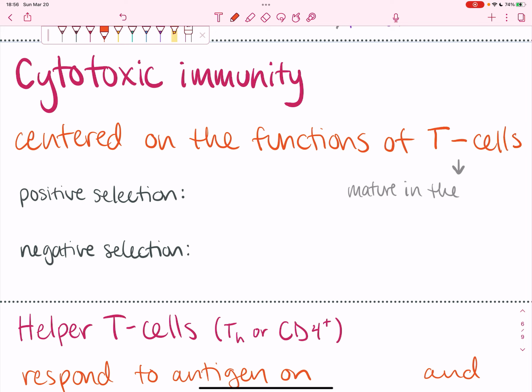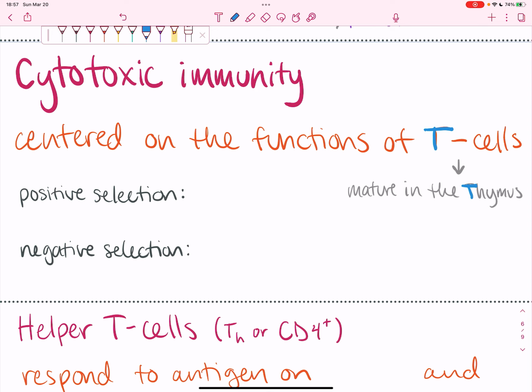T-cells mature in the thymus. So we see a pattern here. T-cells mature in the thymus.